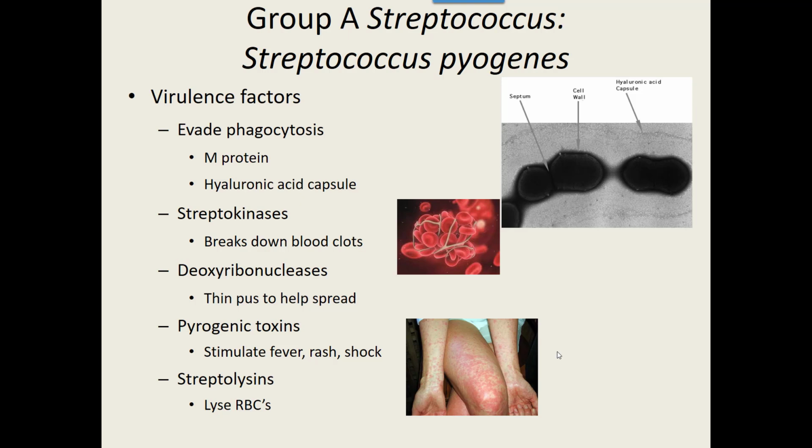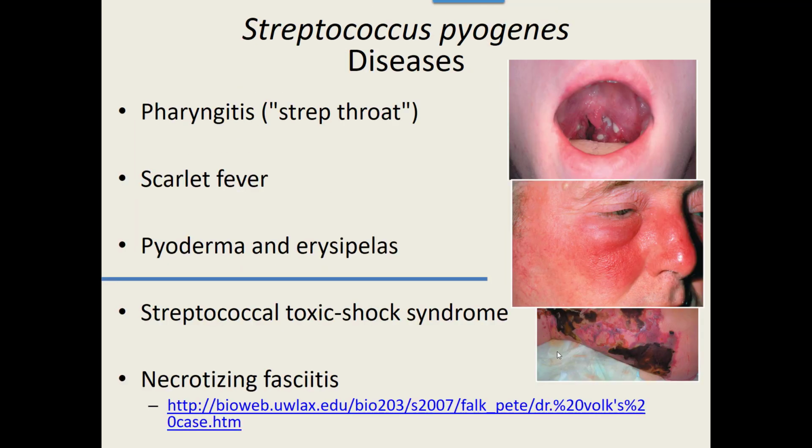Now, some diseases that this bacteria can cause depend on the various strains of Streptococcus pyogenes. Some are worse than others, and there are some other group A Streptococcus bacteria out there, Streptococcus pyogenes being the most common one, but there's a few others.